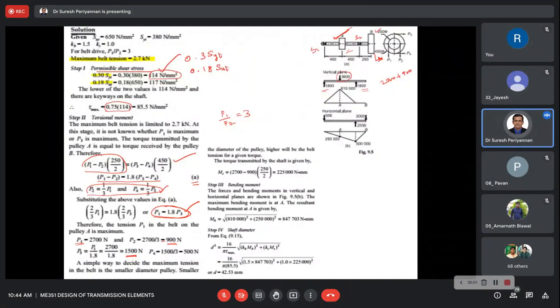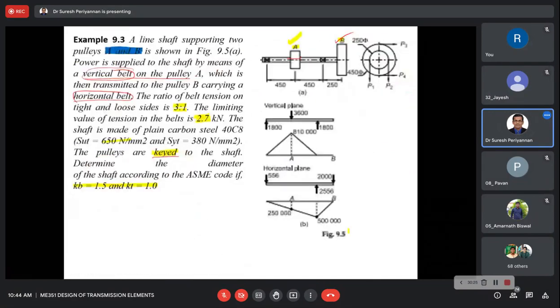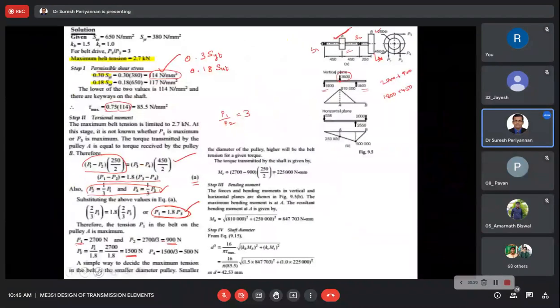Now come to the bending moment calculation. It looks like only a center load is acting, so it is very simple, right? What is the bending moment here? 1800 into 450 mm, finally 81000.